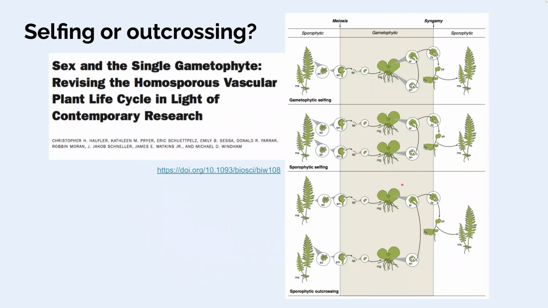So I guess while we're talking about ferns, this was an interesting study from not too long ago, just highlighting how there can be a lot of differences in sexual reproduction in ferns, even though this structure is short-lived and one that a lot of people overlook. There can be different cases where a plant can self-fertilize.